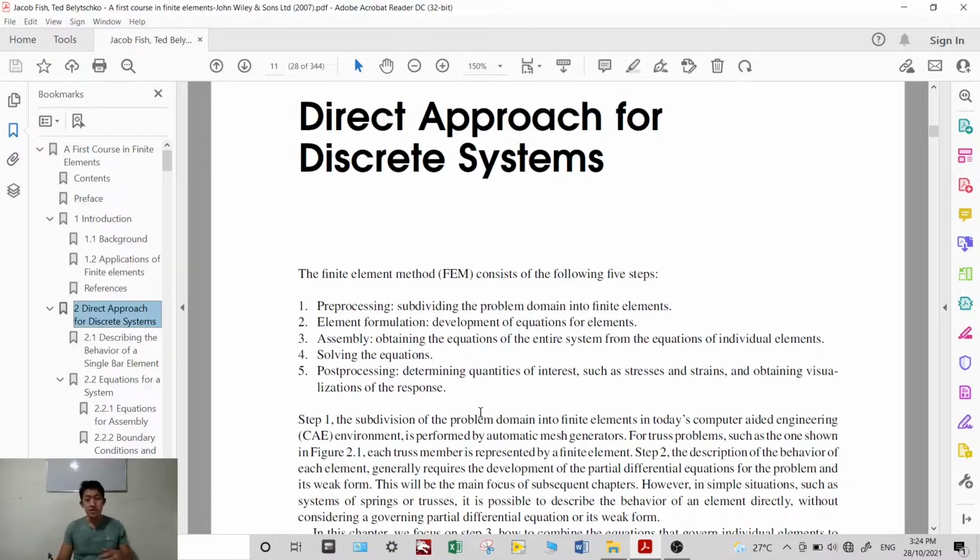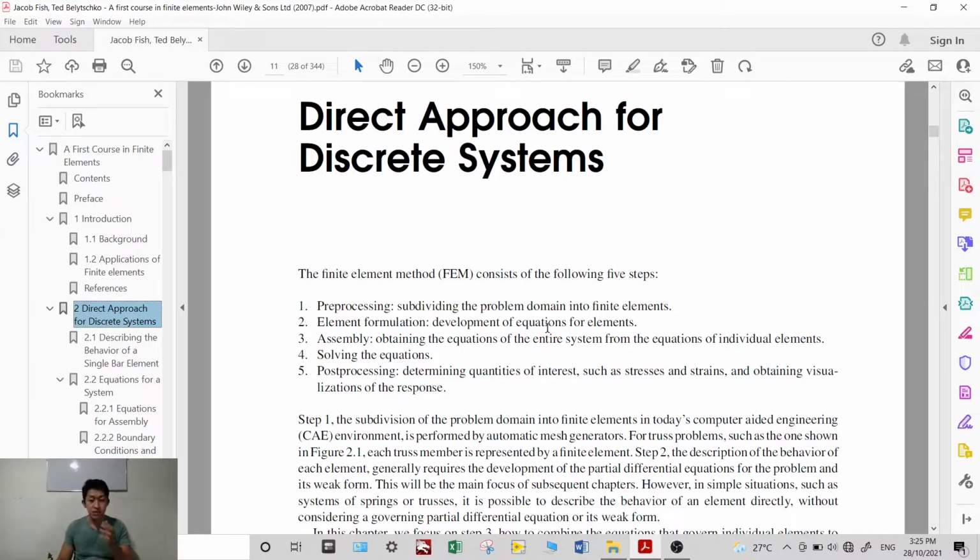And then after getting the equations, you combine them to obtain the equations of the entire system. Those equations, you combine to get the overall equation for the entire system.